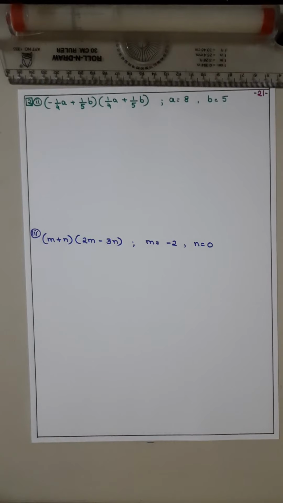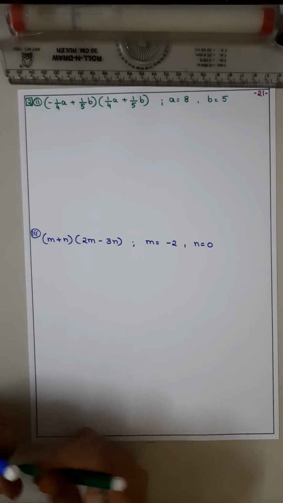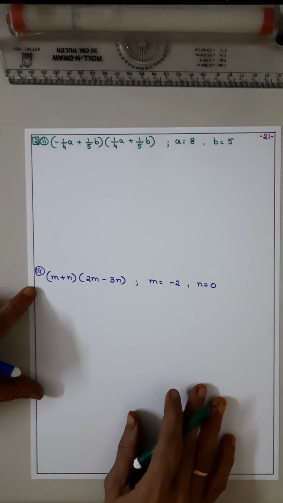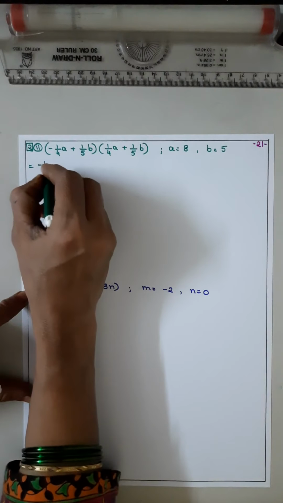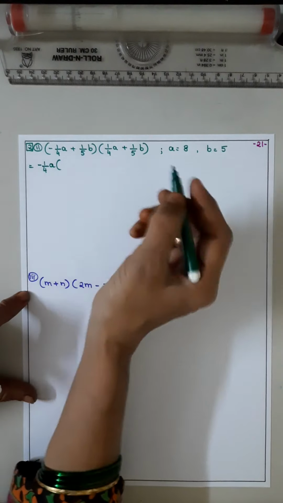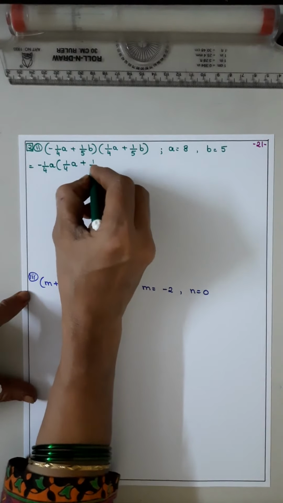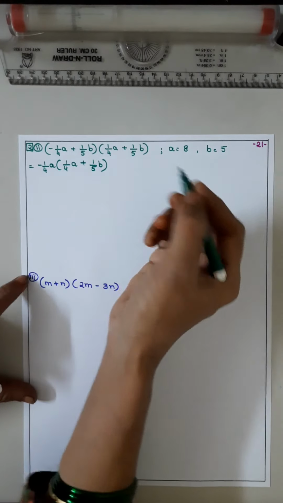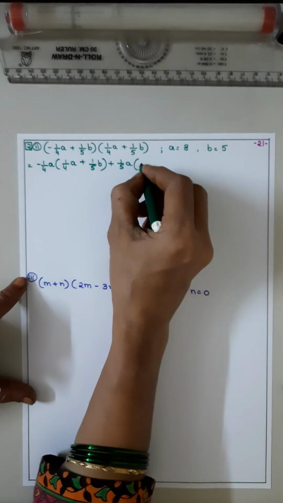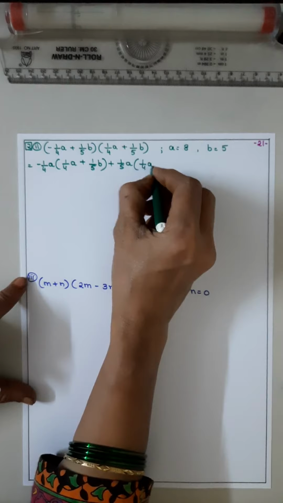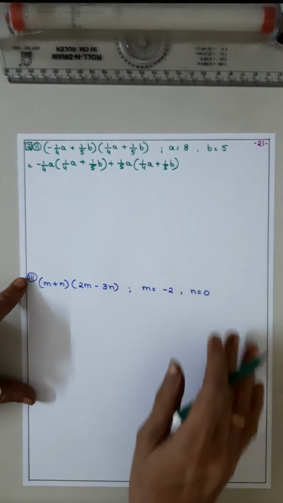Okay, it is a fraction, so you should be a little bit careful. Okay, now we'll write minus 1 by 4a bracket 1 by 4a plus 1 by 5b bracket close plus 1 by 5a bracket open 1 by 4a plus 1 by 5b.